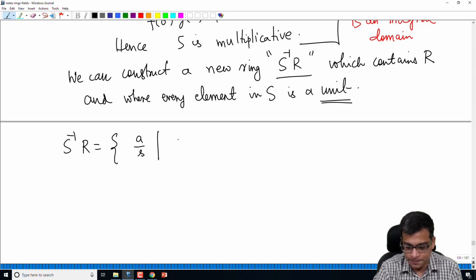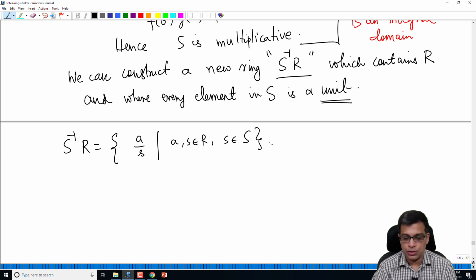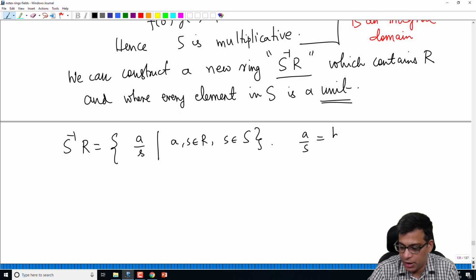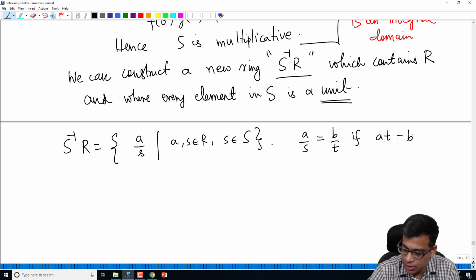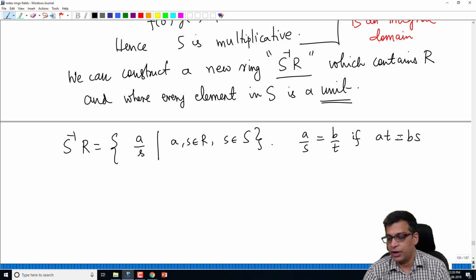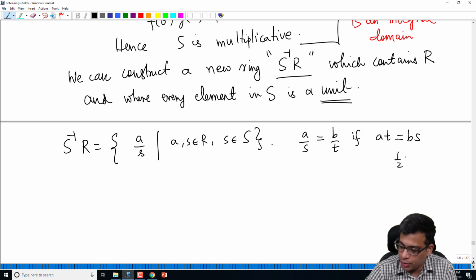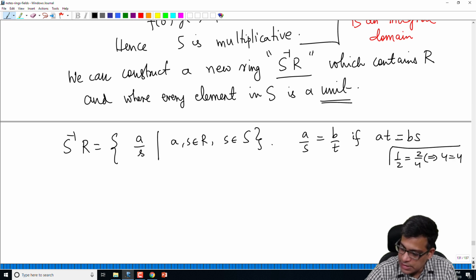It is defined like this: A by S, they are just symbols at this point, where A is in R, and S is in the multiplicative set S. Equality is defined as follows: A by S is considered equal to B by T if AT is equal to BS. Just like 1 by 2 is equal to 2 by 4, because 4 equals 4.